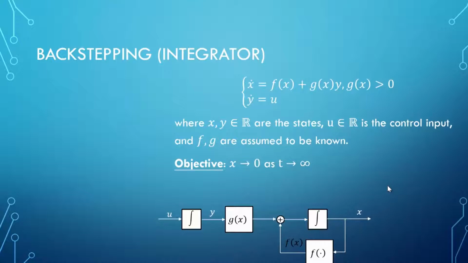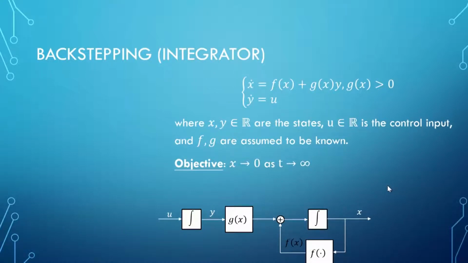So this is the block diagram of the system. Okay, and here's the X, here's the virtual control input. And this is the true control input coming into play here. Okay, so this is the plant, the system.